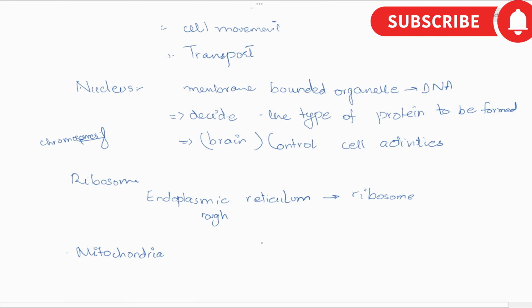There is an outer membrane, and then there is an inner membrane which is folded and they look like this. So there are two membranes, the outer membrane and the inner folded membrane. Its function is to make energy, produces energy.